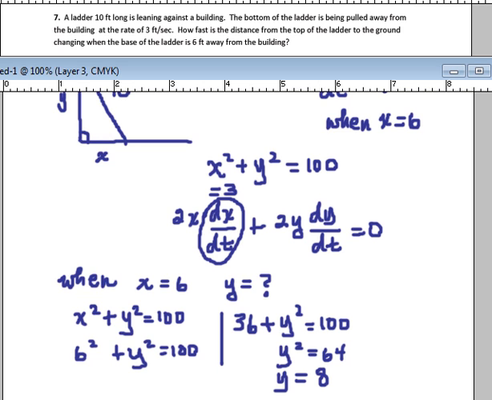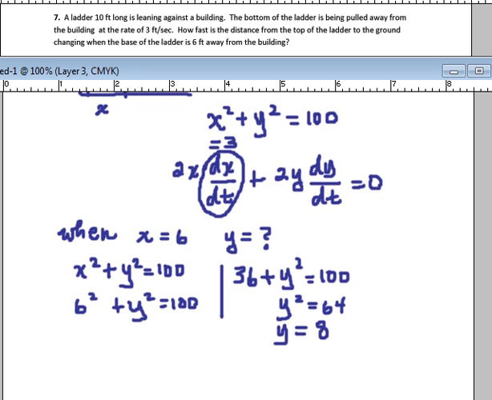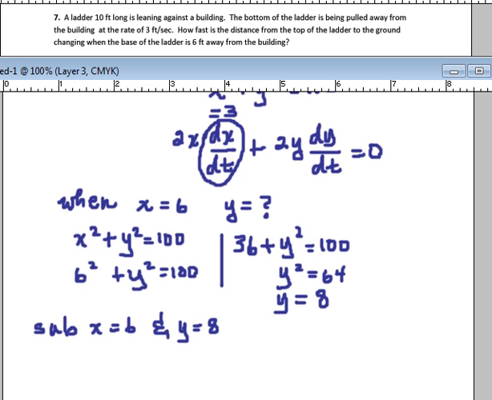So now we're substituting x equals 6 and y equal to 8 into the differentiated equation. So let's do that. Remember, dx/dt is always 3.